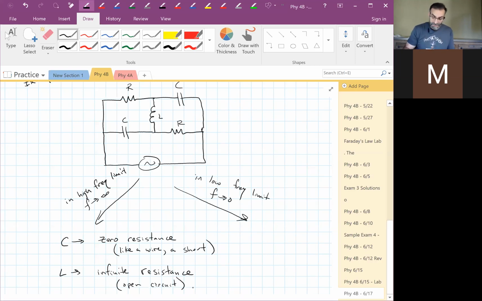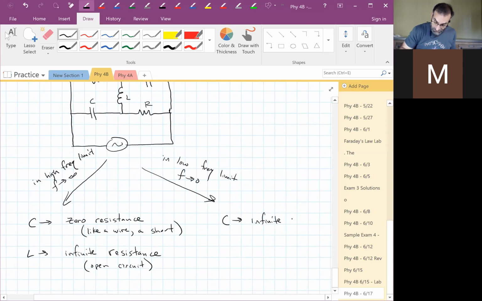And it's just the opposite over here, right? C is our infinite resistance. And L is our 0.